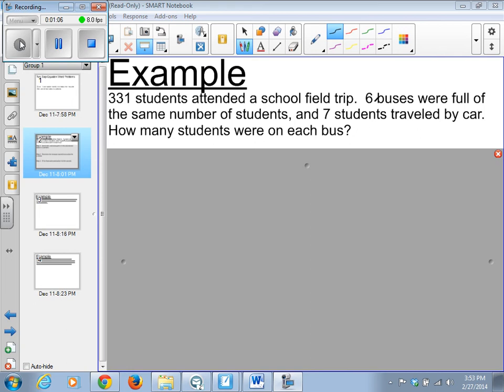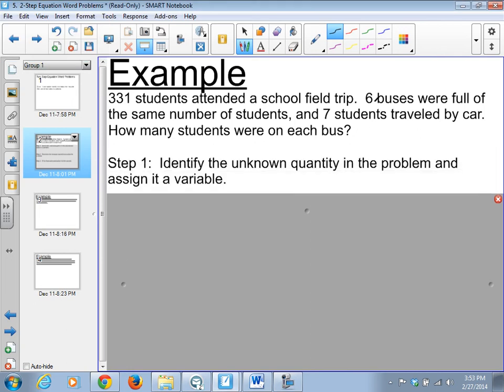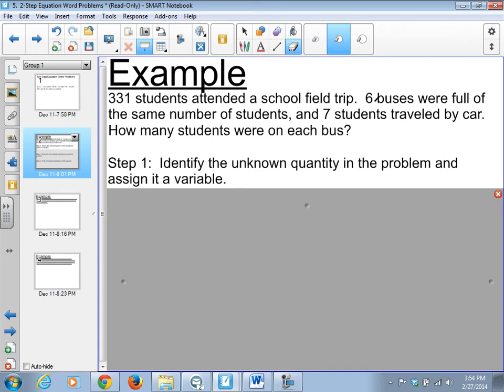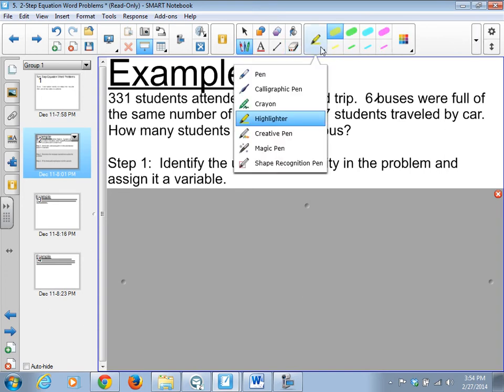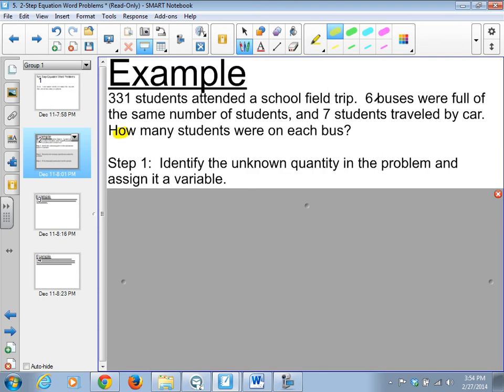All right, so let's get started. Step 1, we need to identify the unknown quantity in the problem and assign it a variable. So, what is our unknown? What are we trying to figure out? Well, we are trying to figure out how many students are on each bus.